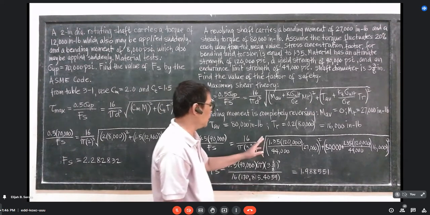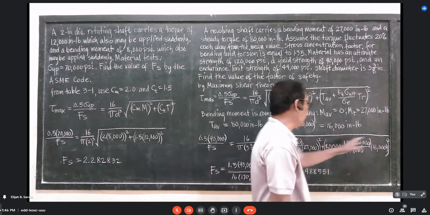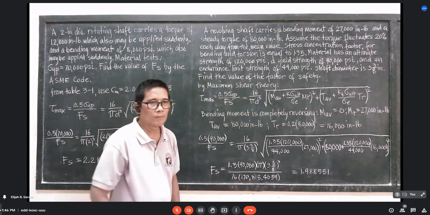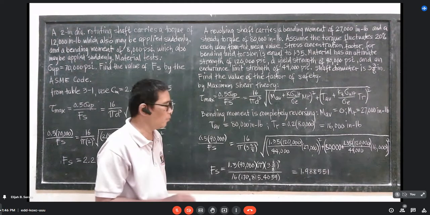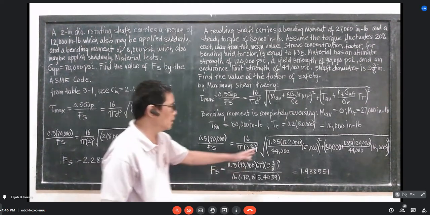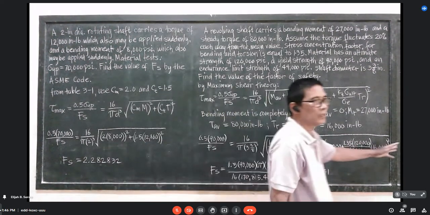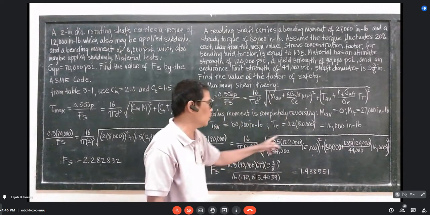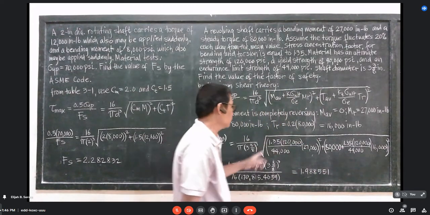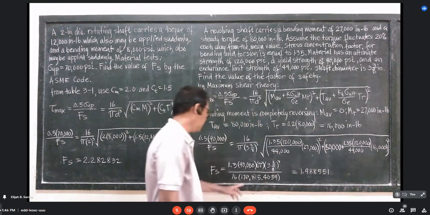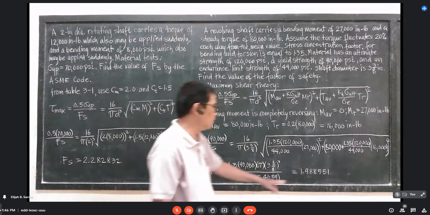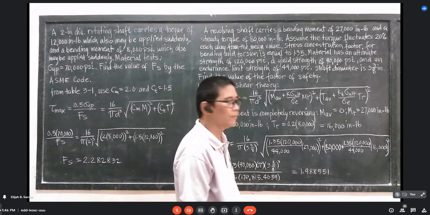The value under the radical is this one. So you have to be quick in the calculator because this is a little bit complicated. So the value of that square root quantity is this one. And then of course the factor of safety will be 1.988551.